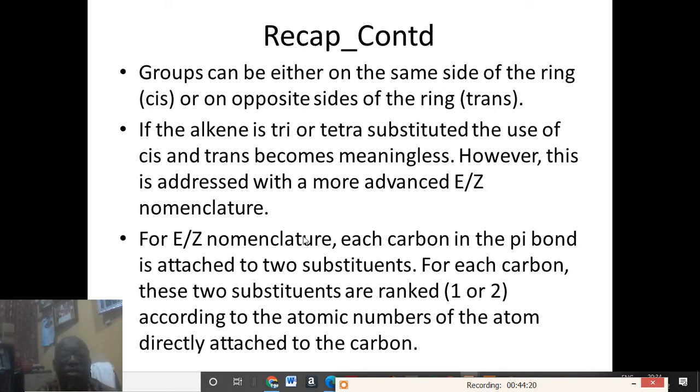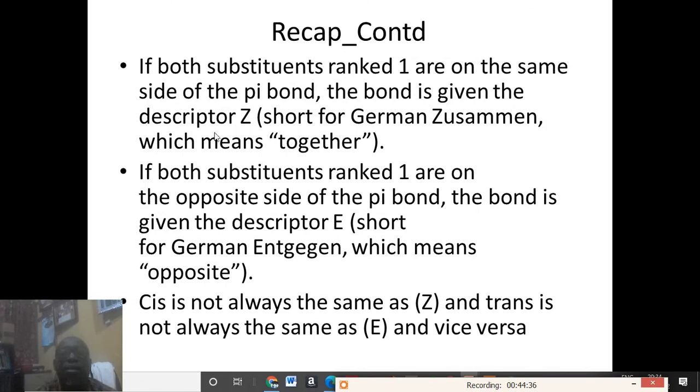For EZ nomenclature, each carbon in the pi bond is attached to two substituents. For each carbon, these two substituents are ranked 1 or 2, according to the atomic number of the atom directly attached to the carbon. If both substituents ranked 1 are on the same side of the pi bond, the compound is given the descriptor Z, which stands for the German Zusammen, meaning together.